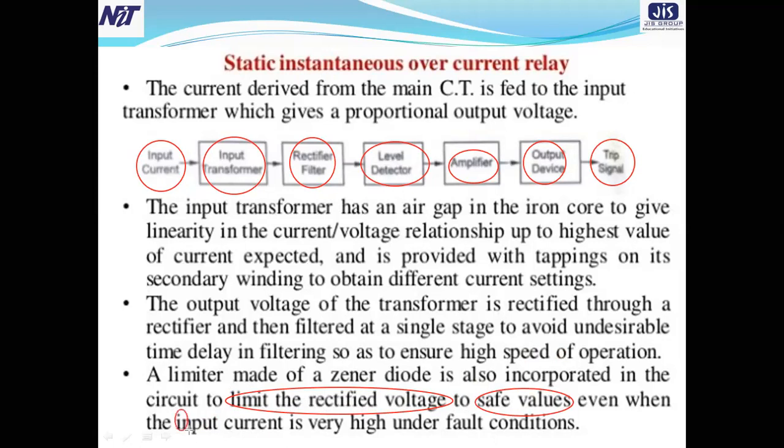The high input current is not the problem. If we use the Zener diode, it helps us limit the rectified voltage to a safe value. This is the importance of incorporating a Zener diode in the circuit.